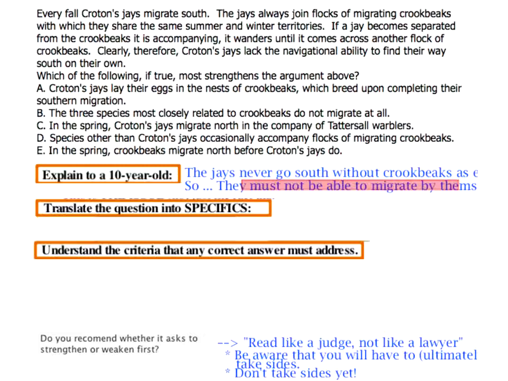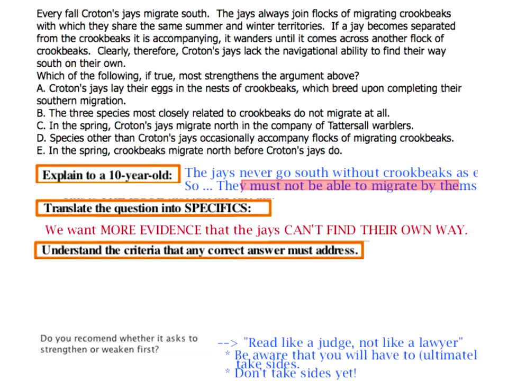All right, let's talk about that, shall we? So we want more evidence that the jays can't find their own way. Notice what is not at issue. We do not need to argue that they are specifically dependent upon crook beaks, because the identity of the escort is not the point here. The words just say they lack the navigational ability.